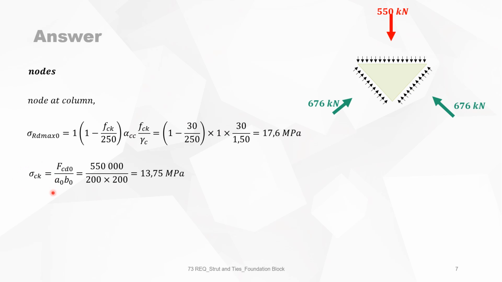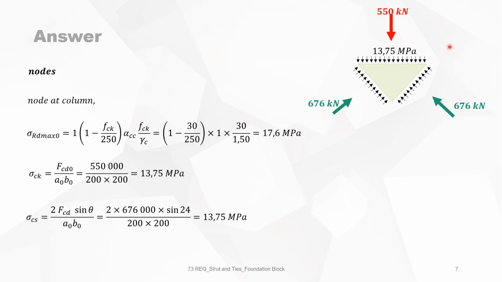The acting compressive strength on this surface is then equal to 550 divided by the cross section of the column, which is 200 by 200, and it gives you 13.75 megapascal.